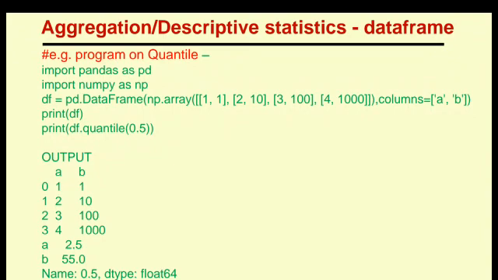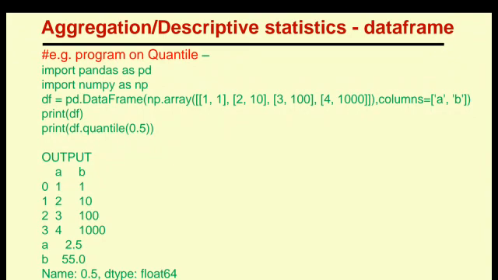Import pandas as pd, import numpy as np, df is equals to pd dot DataFrame bracket np dot array bracket, 2 square brackets, 1 comma 1, close square bracket, comma, again opening square bracket 2 comma 10, close square bracket, comma, opening square bracket 3 comma 100, close square bracket, comma, opening square bracket 4 comma 1000, and close both the square brackets and small bracket, comma columns is equals to square bracket, single quotes a, comma, again single quotes b, square bracket, small bracket close.